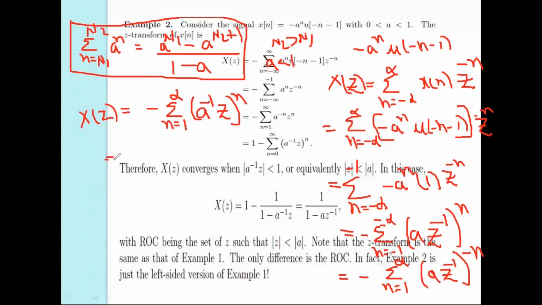What is the n1 now? n1 is 1. So a power -1 into z whole power 1 minus a power -1 z whole power infinite plus 1, because the upper limit is infinite only, by 1 minus a inverse z.